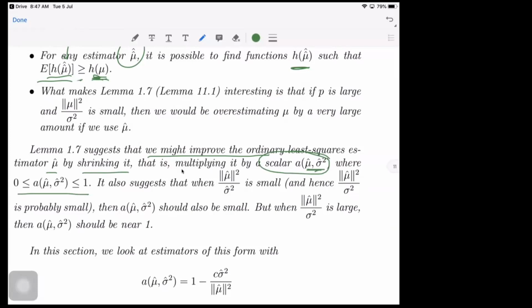So how do you shrink a vector? To shrink a vector, you have to pre-multiply that vector by a number between 0 and 1, because if you get greater than 1, it will lengthen your vector, correct? You do not multiply it by a negative, kay what will happen to a negative? It will change the direction of the vector.